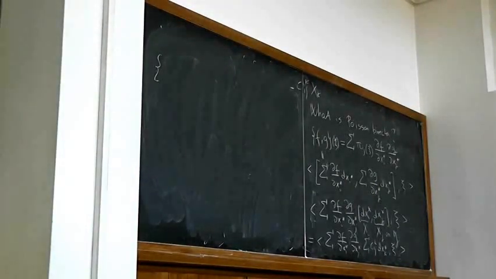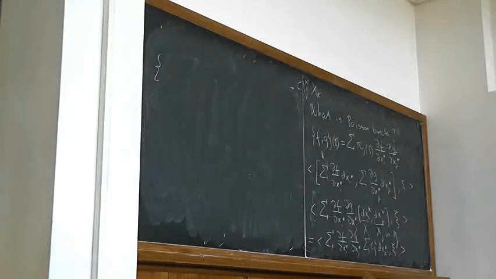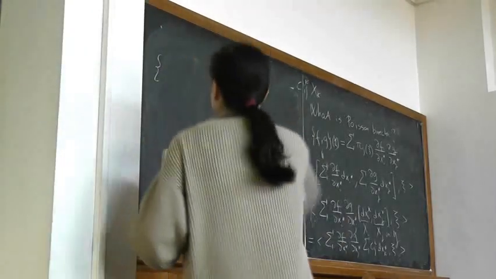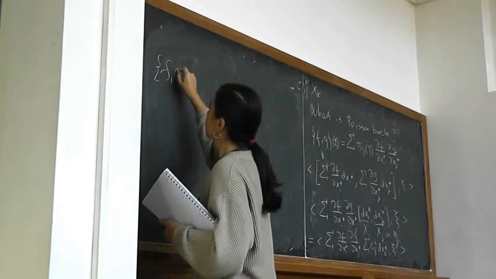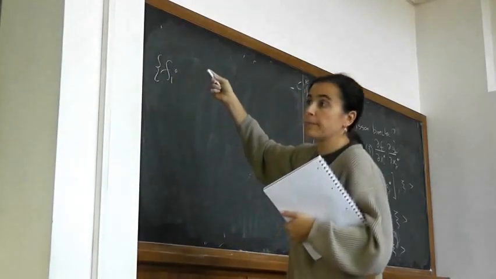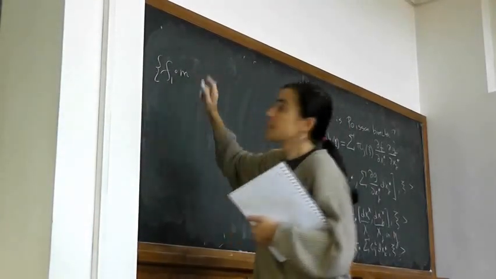Now I have to use the bracket of G times G, right? So let's write an extra thing. So it will be F1, and then I do M, what does it say there?